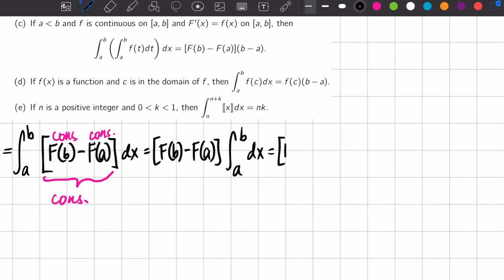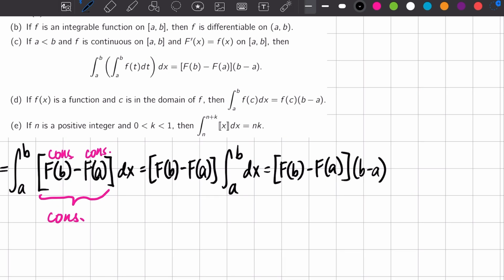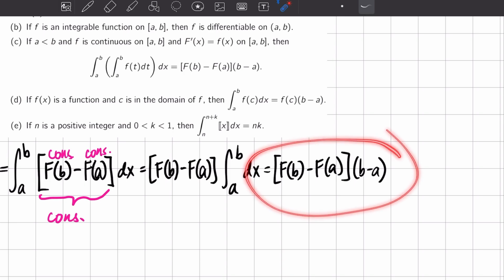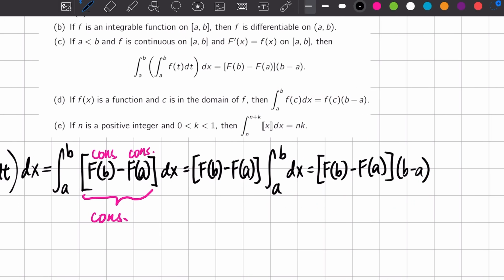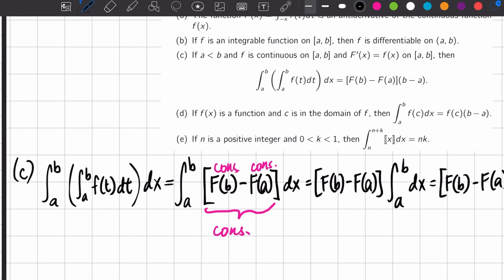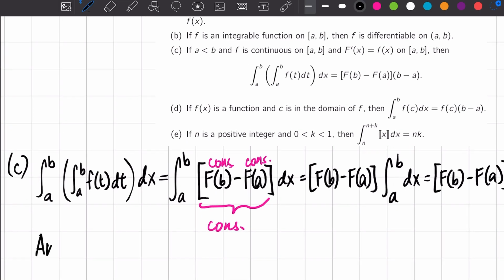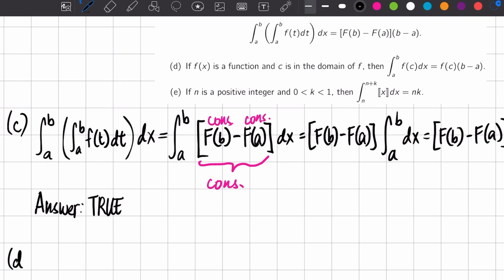So you have F of b minus F of a multiplied by b minus a. And this one right here is this one. So we have shown that this statement right here is true. So the answer is true. Okay? So let's proceed to letter D.